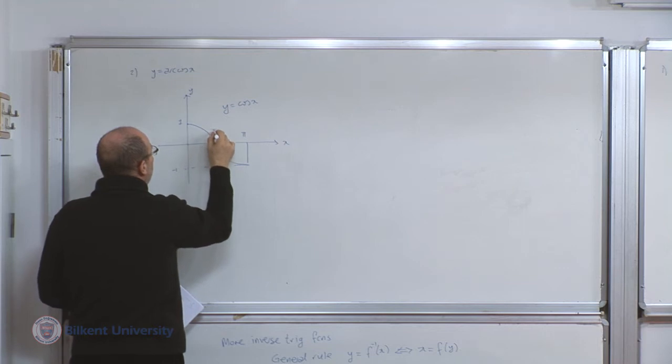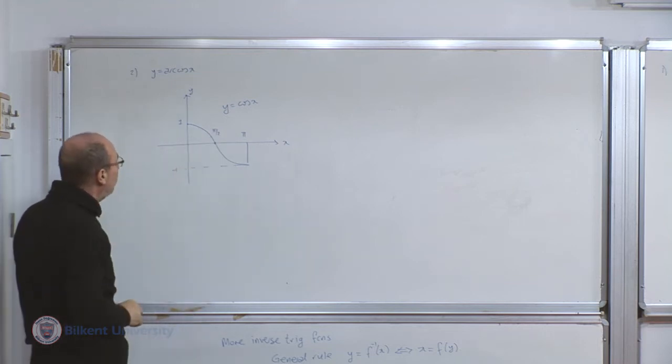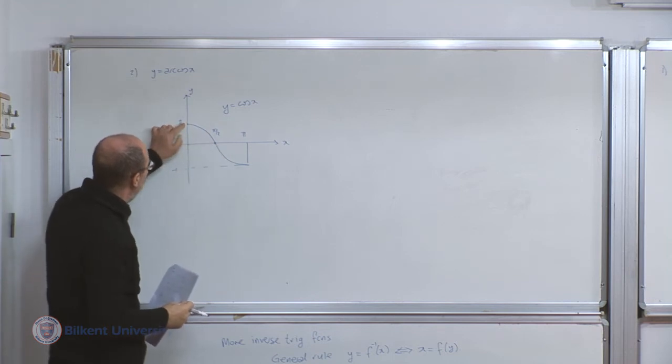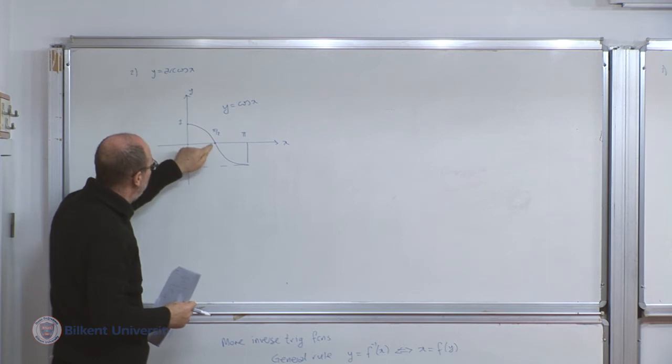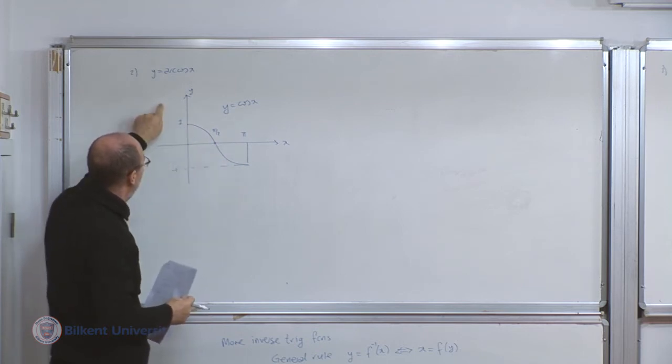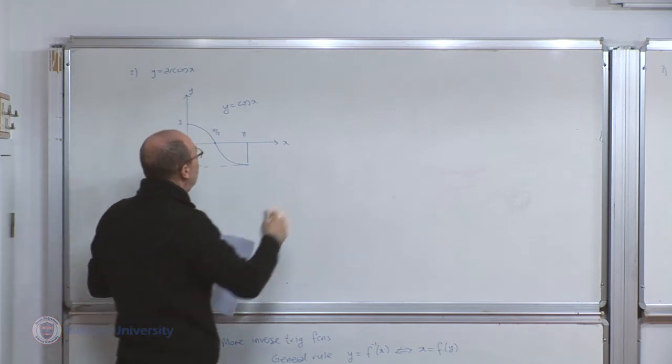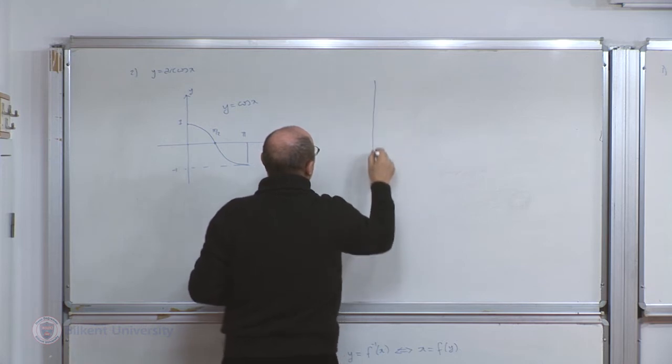So this is pi over 2. Okay, so when you reflect this, you see that y-axis becomes x-axis. So this point comes here. Okay, this point goes here, so this point goes here. So when you reflect it, the graph will be something like this. Okay, so let's do that.